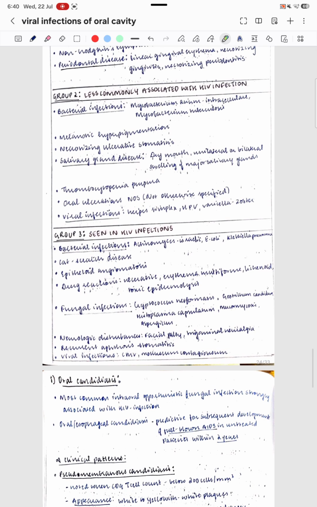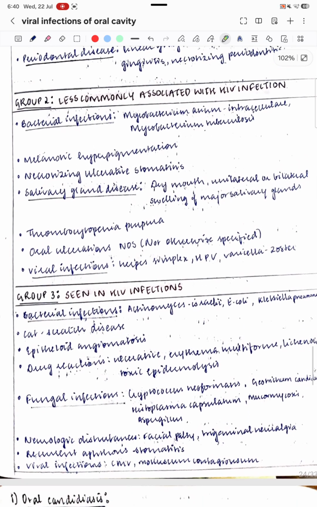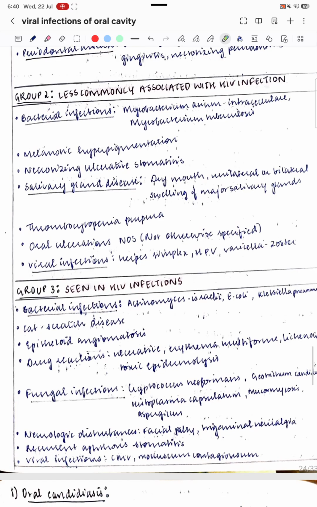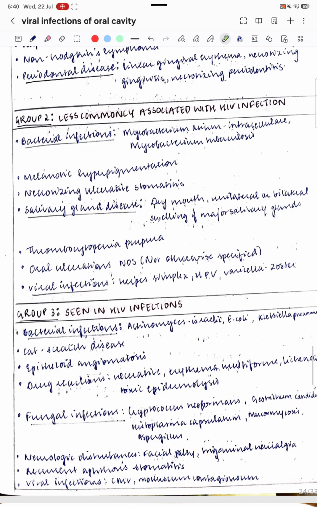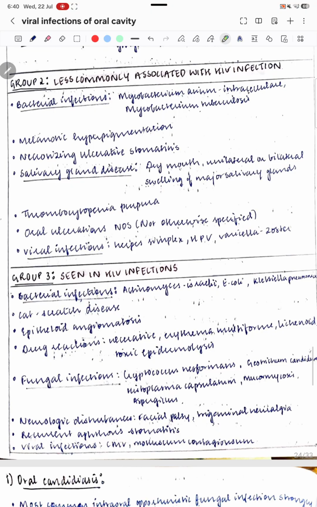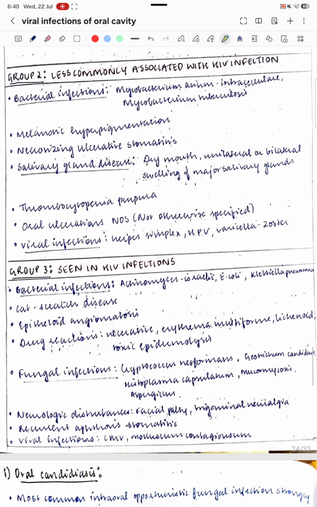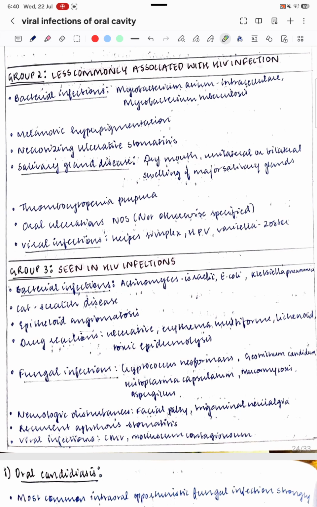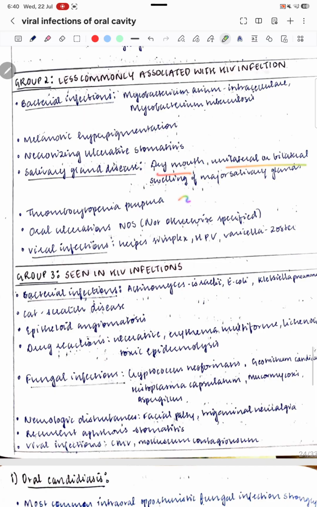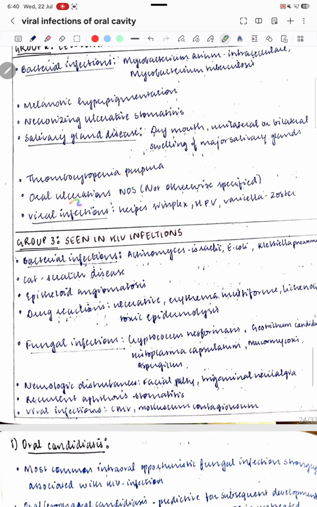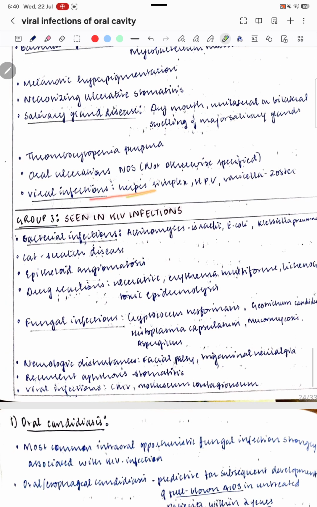Then you have melanotic hyperpigmentation, that is, hyperpigmentation from your melanin producing cells, the melanocytes. Then you have necrotizing ulcerative stomatitis, salivary gland diseases, that is dry mouth, unilateral or bilateral swellings of the major salivary glands, thrombocytopenic purpura, oral ulcerations, and viral infections such as herpes simplex and varicella zoster.